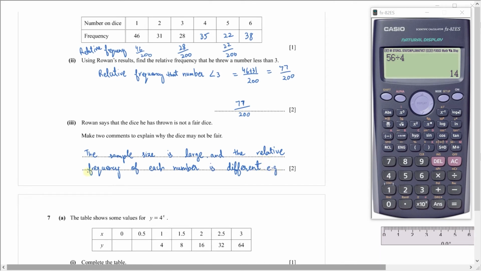For example, relative frequency of 1 is 46 over 200, which is much greater than 22 over 200, which is the relative frequency of 5. So that's why you can say with fair confidence that the dice is not fair.